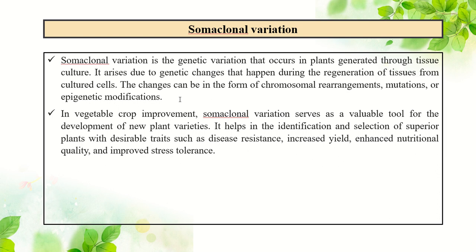What is somaclonal variation? Somaclonal variation is the variation that happens during plant tissue culture techniques, and the changes can be formed in three ways: first, chromosomal rearrangement, or mutations, or epigenetic modification.